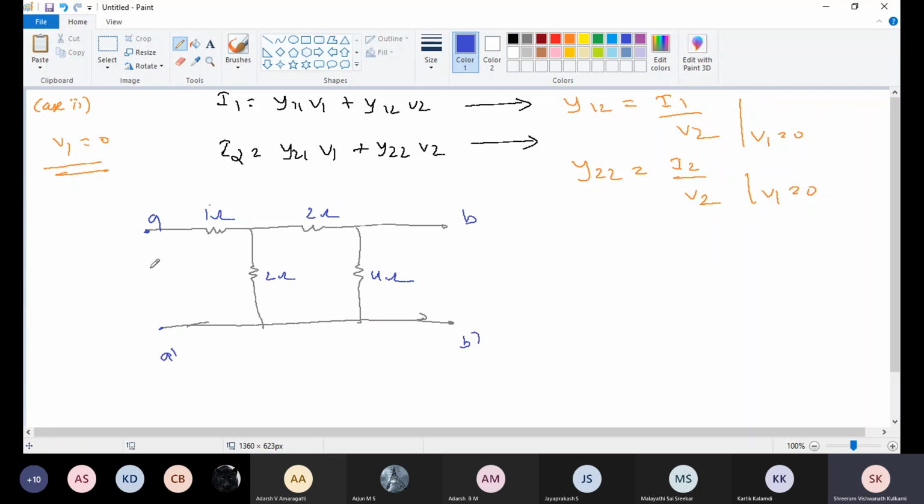Here V1 is given, V2 is given. Now V1 equal to 0, in the sense, I need to short this A dash terminal, or open this terminal. Short. Yes, V1 I'm going to short.